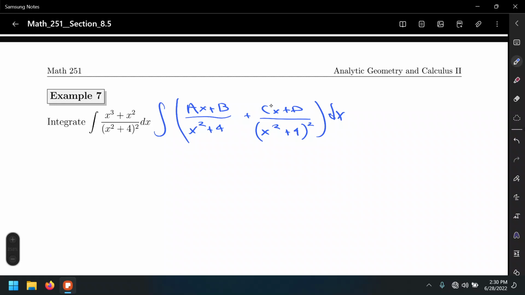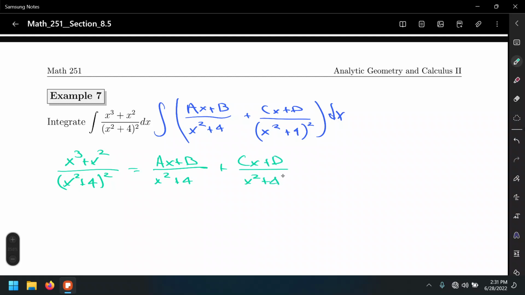This one right here equal to that whole split fraction. So x cubed plus x squared divided by x squared plus 4 squared equals ax plus b over x squared plus 4 plus cx plus d over x squared plus 4 squared.